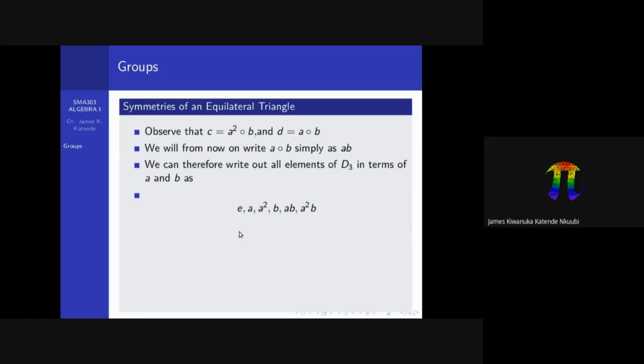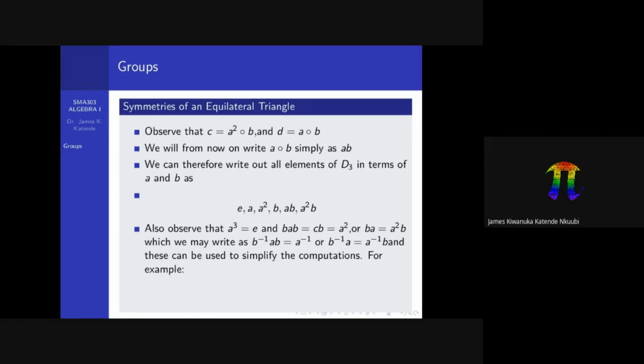Once you have one rotation, this 120 degrees rotation, and one of the reflections, you can write all the other elements in terms of that rotation and the reflection. So this is another way of writing the elements, and a useful way of writing them, as we shall see later.